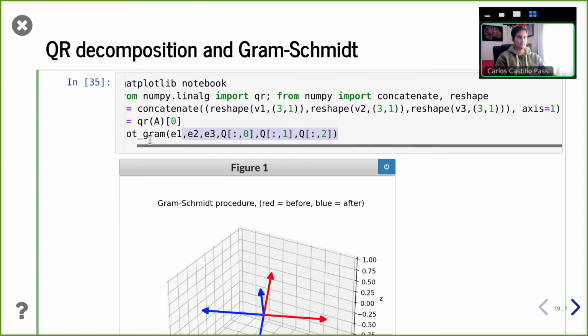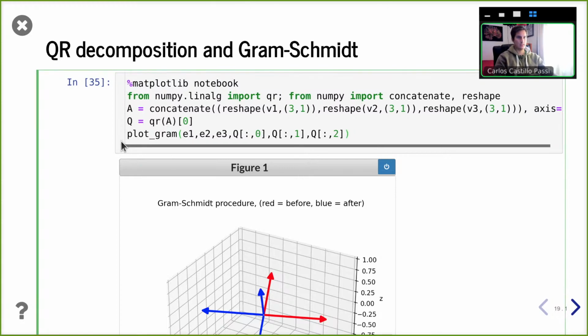Then, if we do the QR decomposition of this matrix A with the code QR, by default this QR function gives us the matrix Q and the matrix R. So to get just the matrix Q, I get the first element of the output.